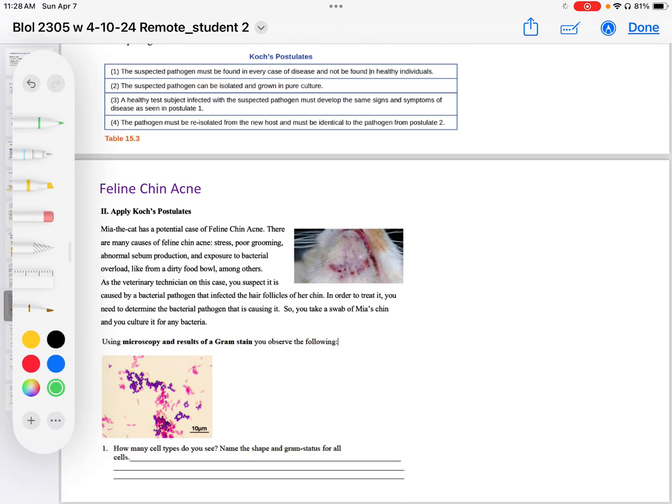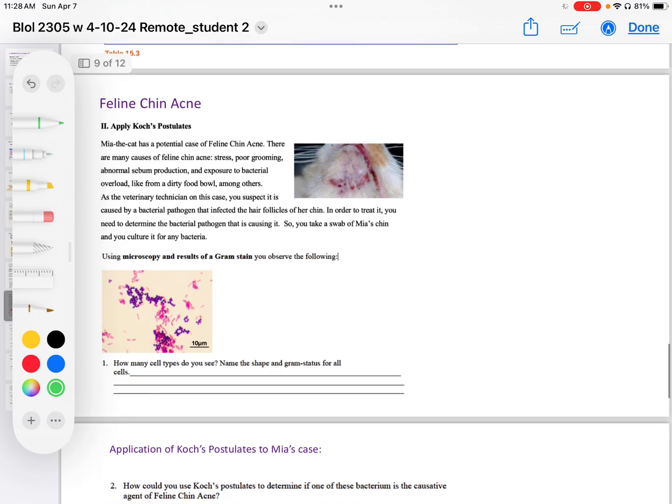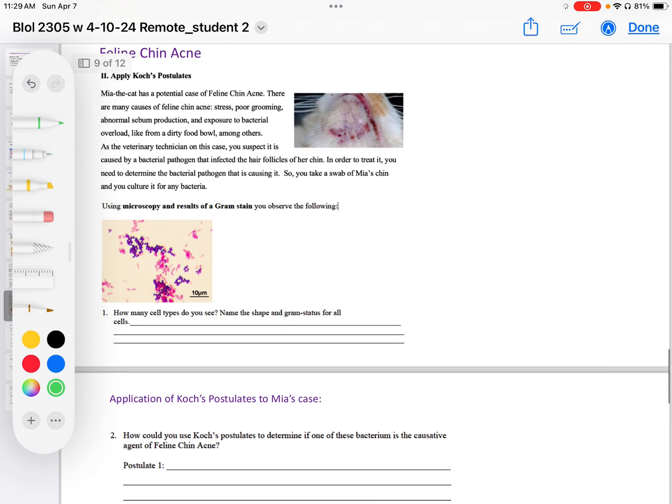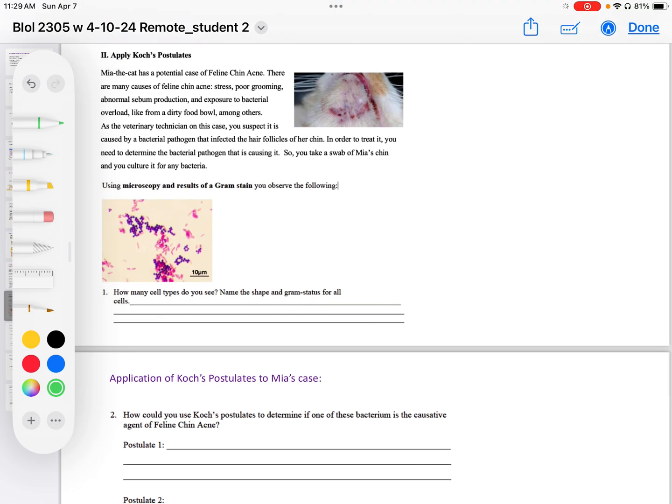This feline chin acne here is describing her case, and then you end up with these microbes here. So I'd like you to work through these problems, and we're going to start with going through the answers when I come back next week.